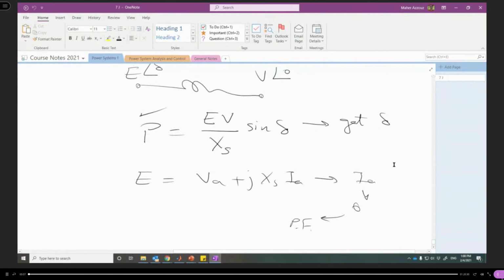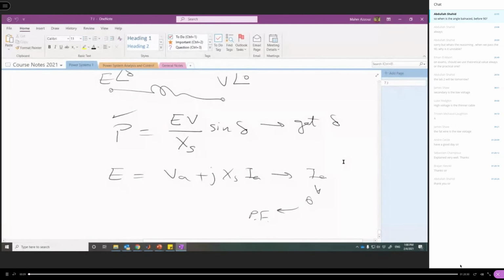Okay. So in today's lecture, I'm going to talk about power transformers. This is the second main component in any power system, and it is actually the component behind the infrastructure or the realization of modern power systems.